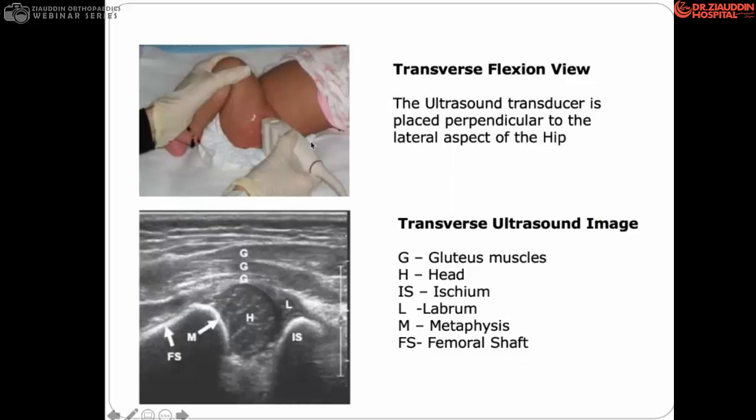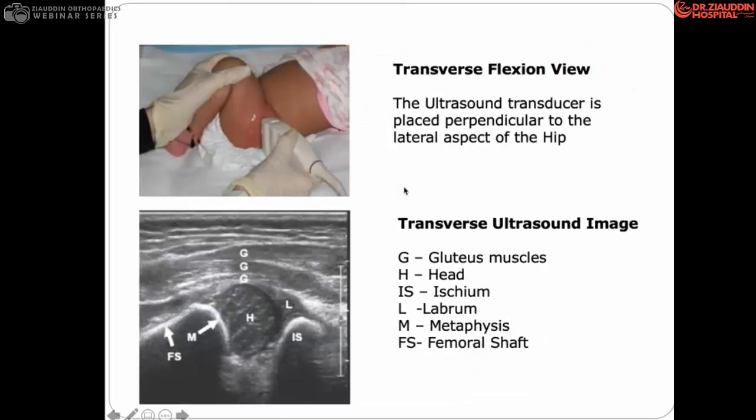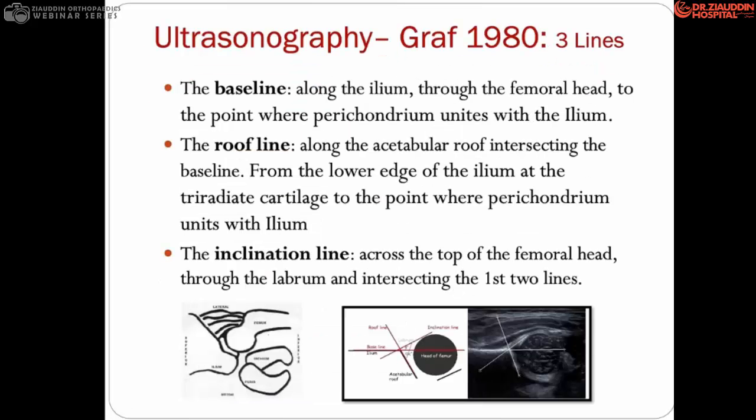Then the transducer, if it is placed in flexion like this, you get more information on the containment. This is the femur here and the greater trochanter. This is the femoral head, these are the glutei and the muscles. This is the labrum. This is the ischium. So the transducer is placed in a different way. So now in ultrasonography, they give two baselines.